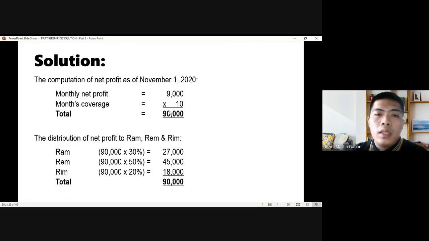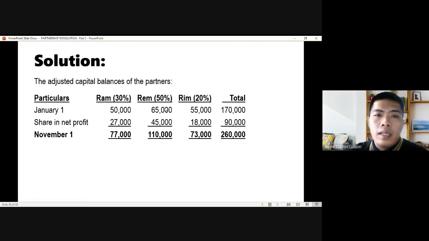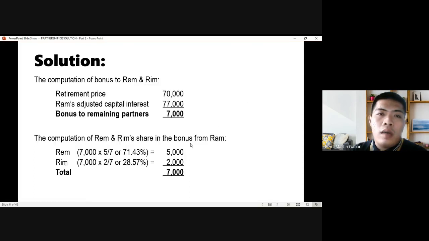Then distribute 90,000 to RAM, REM, and RIM: RAM 27,000, REM 45,000, and RIM 18,000. Then adjust the capital balances. RAM we have 77,000, REM we have 110,000, and RIM 73,000.